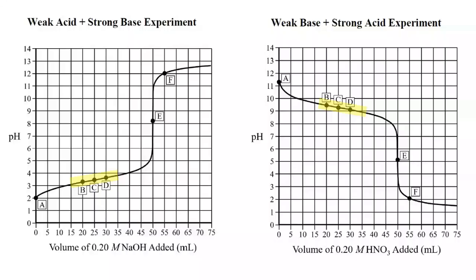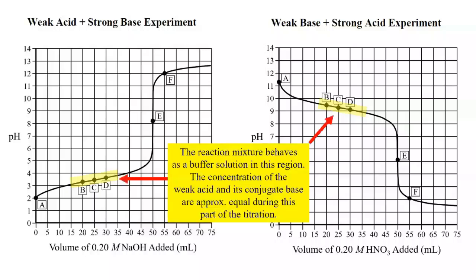The part that I'm highlighting on these two titration curves is that middle region. The reaction mixture in the titration behaves as a buffer solution in this region because the concentration of the weak acid and its conjugate base are approximately equal during this part of the titration. So that portion of the titration curve is sometimes referred to as the buffer region or the buffer zone.